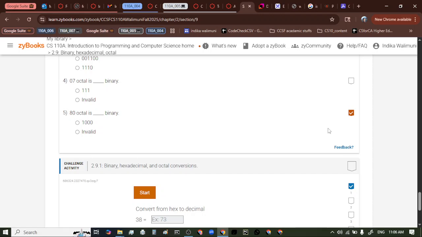The base to the power of whatever the position, and then they sum up. But one mechanism to convert from decimal to hex or decimal to binary is by repeatedly dividing by the base until it gets residuals, and if you read from the bottom to top, you get the number. Okay, I kind of understand.